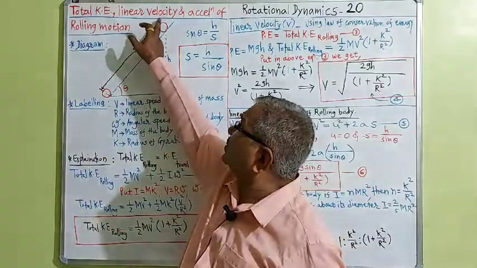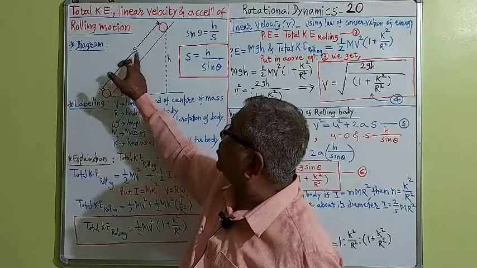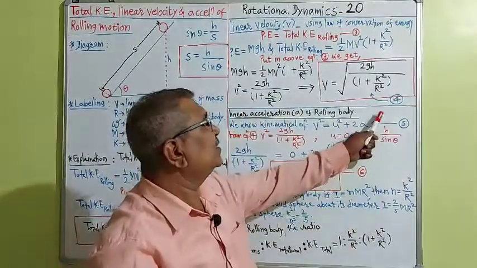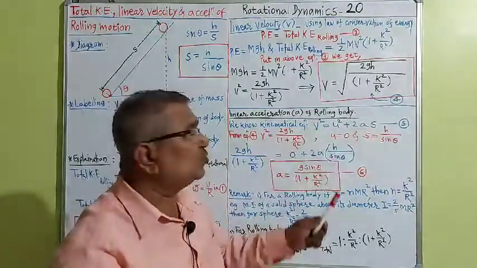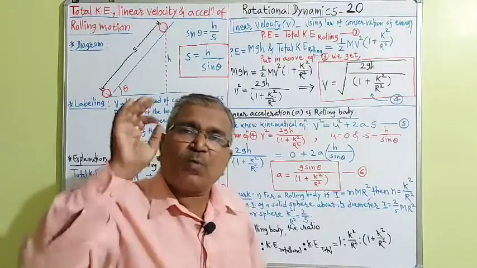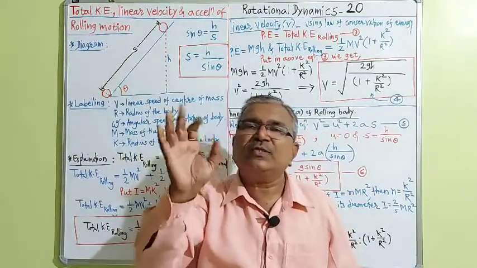When it rolls from top to bottom, the displacement of body became s. We know that I have already told you that initial velocity u is equal to 0. When the body is at top, body is at rest. So u is equal to 0.